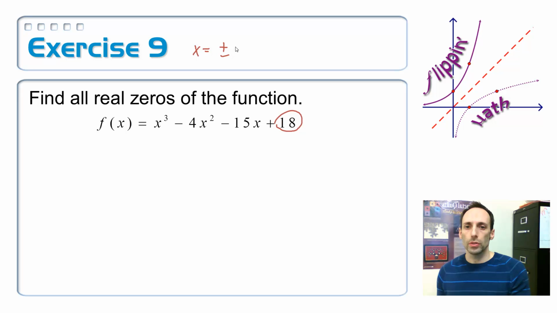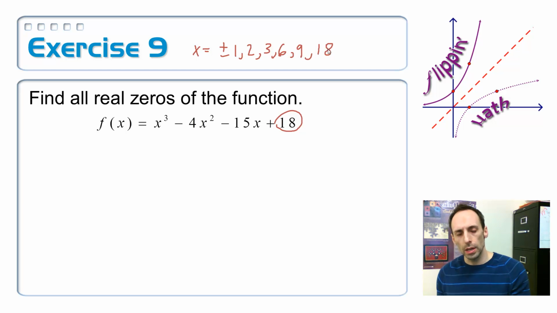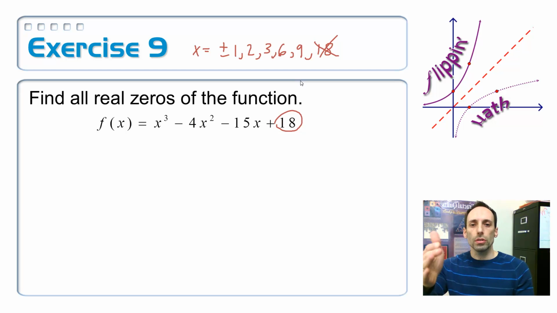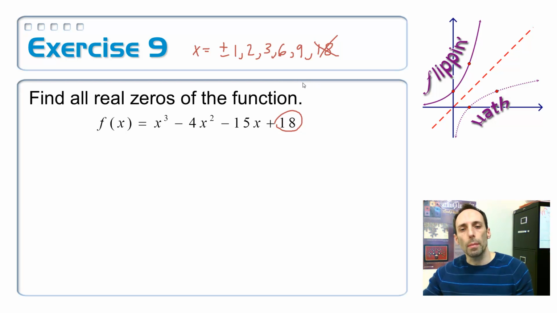So I've got plus or minus 1, 2, 3, 6, 9, and 18. I can tell you right off the bat, probably get rid of the large numbers. Whenever you go to start this, try starting with the smaller ones. Try positive 1, see if that works. If it doesn't, move on to negative 1. So let's first start with 1.